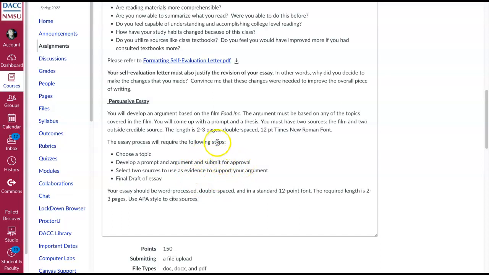So for this one, we are going to work on this essay as a process. The first step is choosing a topic. So you are going to submit a topic proposal first, where you tell me what your topic is, what your angle or prompt is going to be, and then you're going to write a thesis statement. Once I approve your topic, you are ready to move on to the research part and writing your argument.